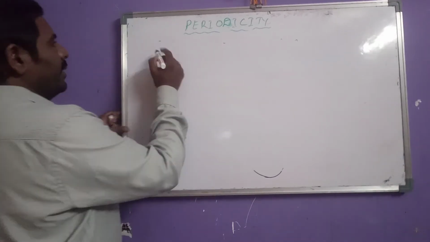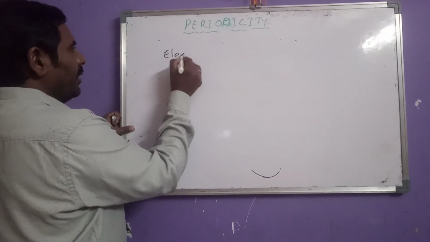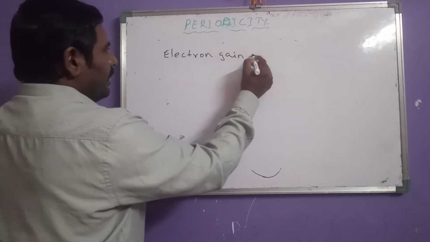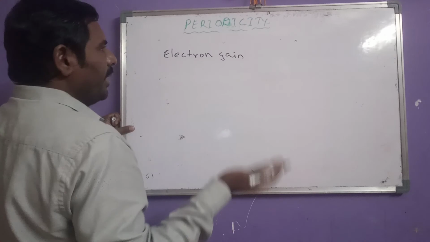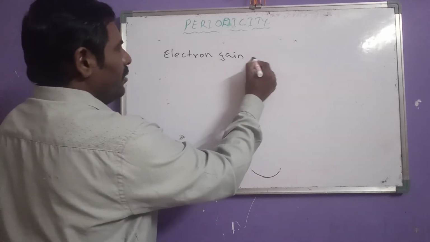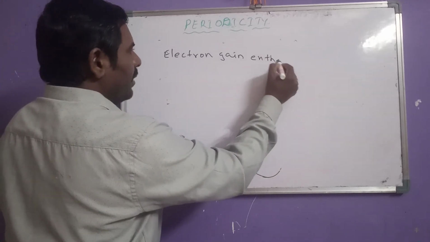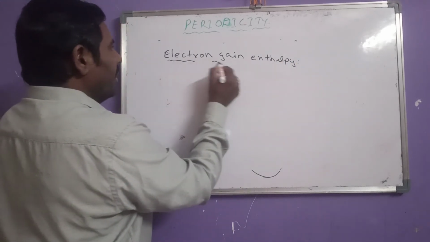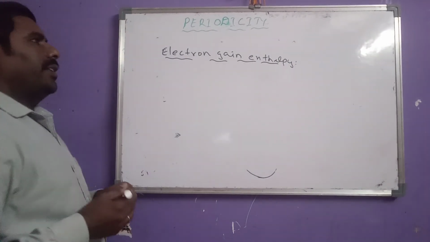Okay, then let us see another one, electron gain enthalpy, also known as electron affinity. What is electron gain enthalpy? The tendency to gain an electron is known as electron gain enthalpy. Now let us see the definition.